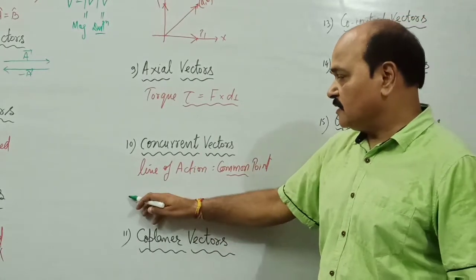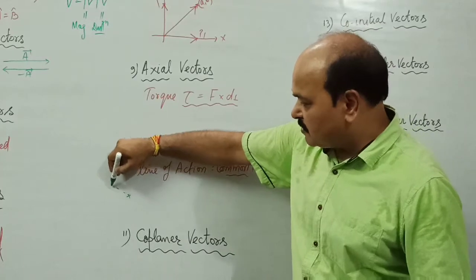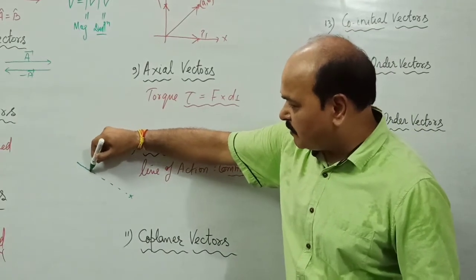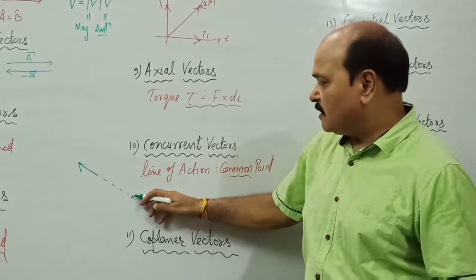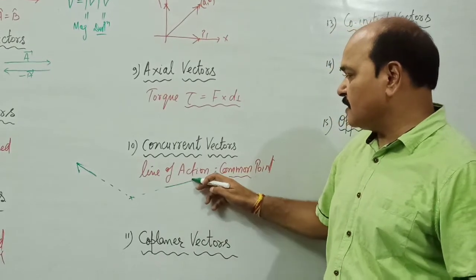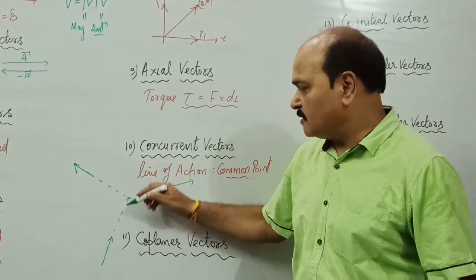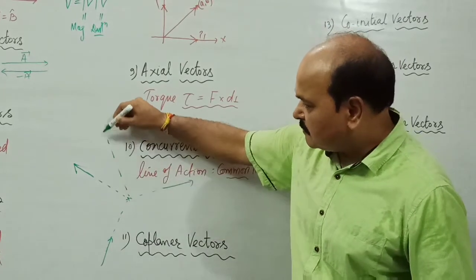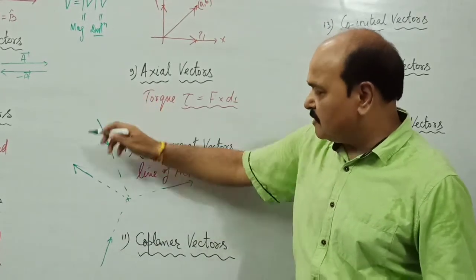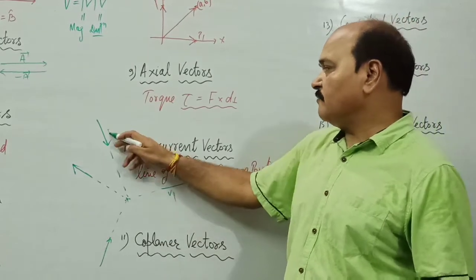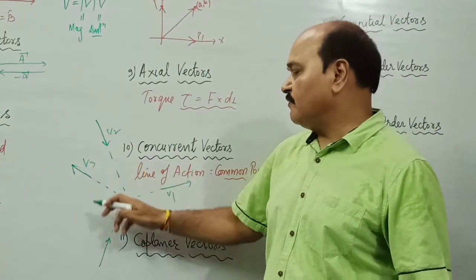Well, like this. This is force number 1, say vector number 1. This is another vector in this direction, another vector in this direction, and another vector in this direction. See, these are 4 vectors, V1, V2, V3 and V4.